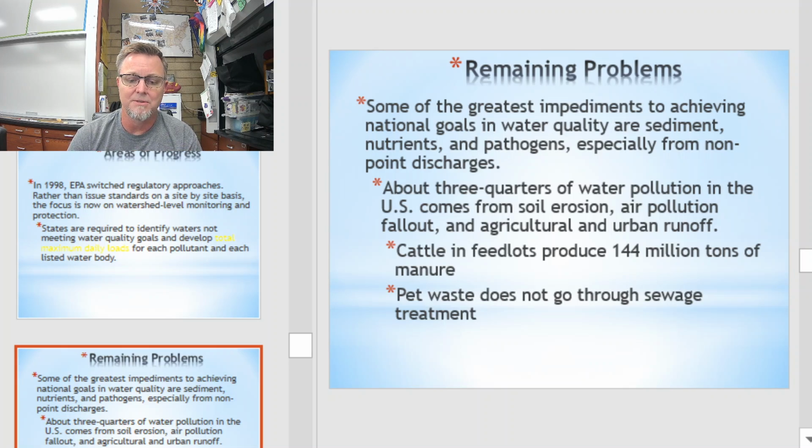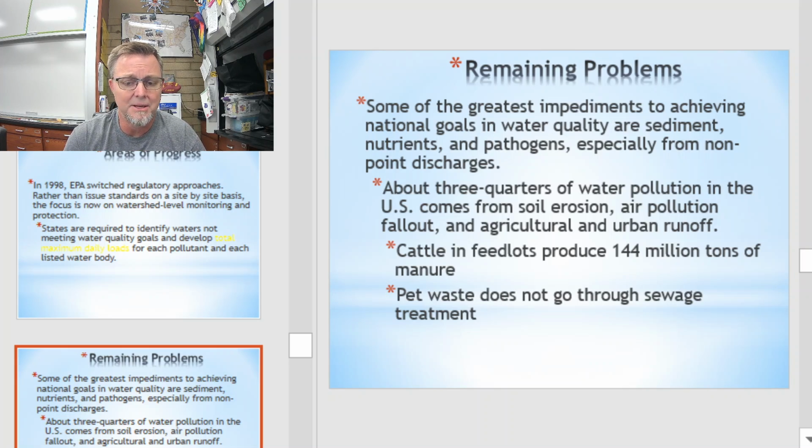About 3/4 of water pollution in the U.S. comes from soil erosion, air pollution fallout, and agricultural and urban runoff. A cattle feedlot can produce 144 million tons of manure. Where does all that go?